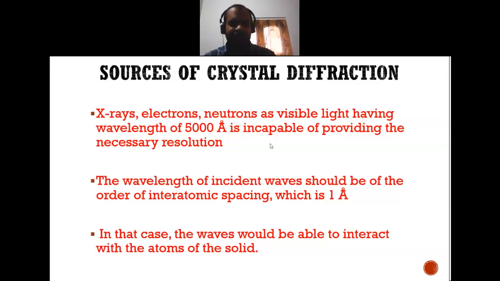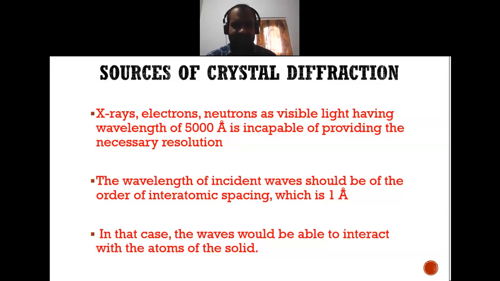So if you are using a source like visible light with 5000 angstrom wavelength to learn about a material which has only 1 angstrom interplanar spacing, we will not get any information. Why not? Because the visible light will not be able to interact with the planes of a given crystalline material.